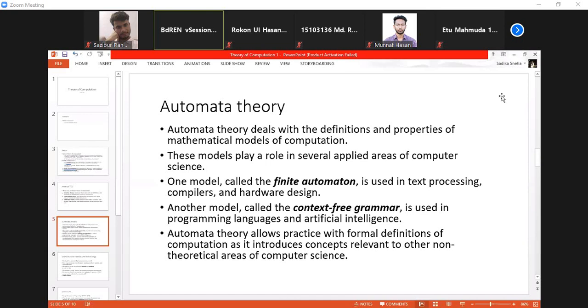If you are doing the two courses together in the same semester, context-free grammar takes the essence of finite automata, but those two things are not totally the same. So don't mix these up. Automata theory also allows practice of formal definition, as we already said.